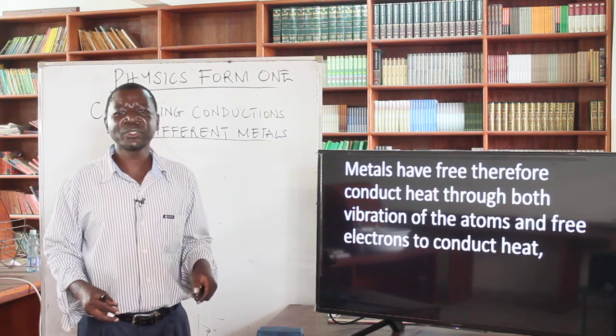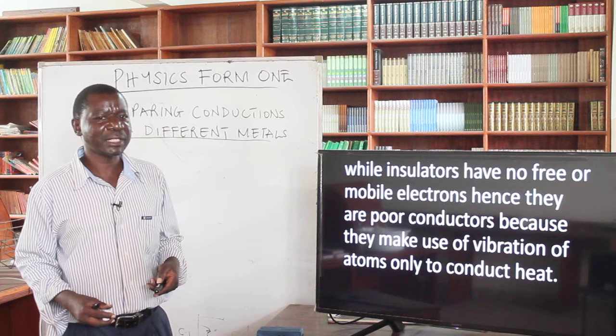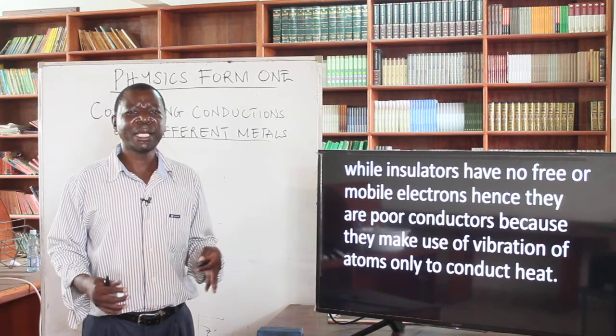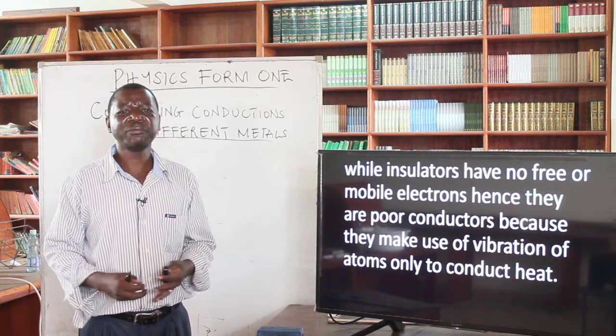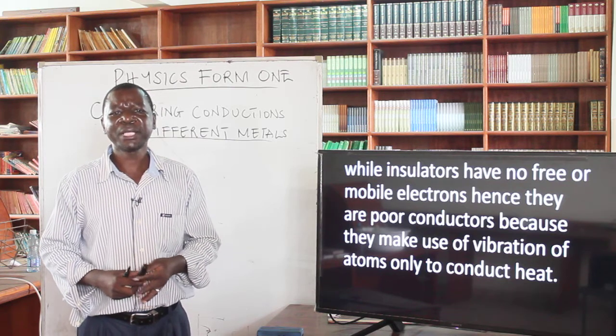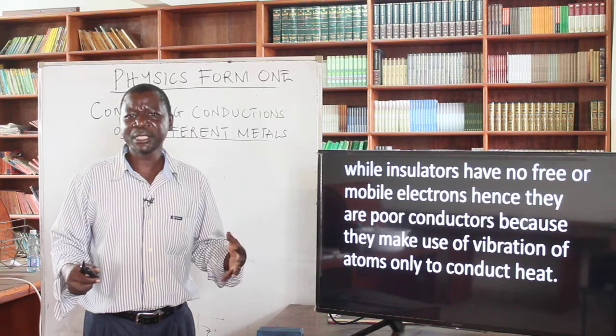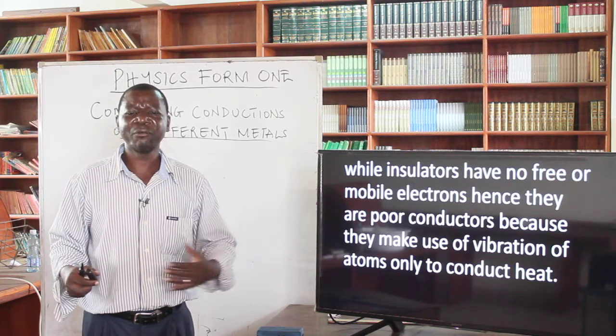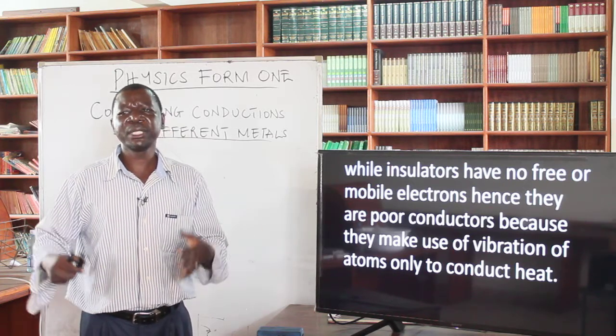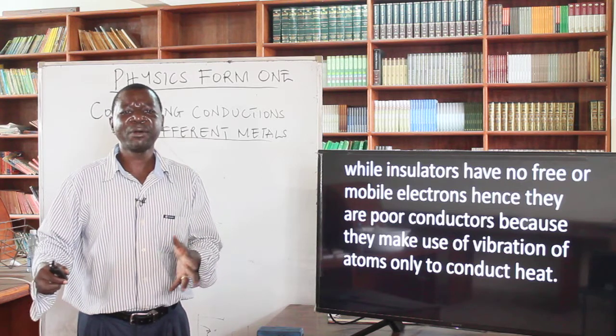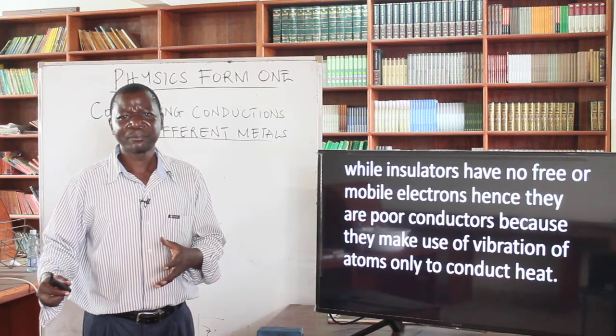While nonmetals, which we call insulators, do not have free electrons, so that method is totally not there. They conduct heat by vibration of the atoms, which collide with the next atom and therefore transfer the heat that way.